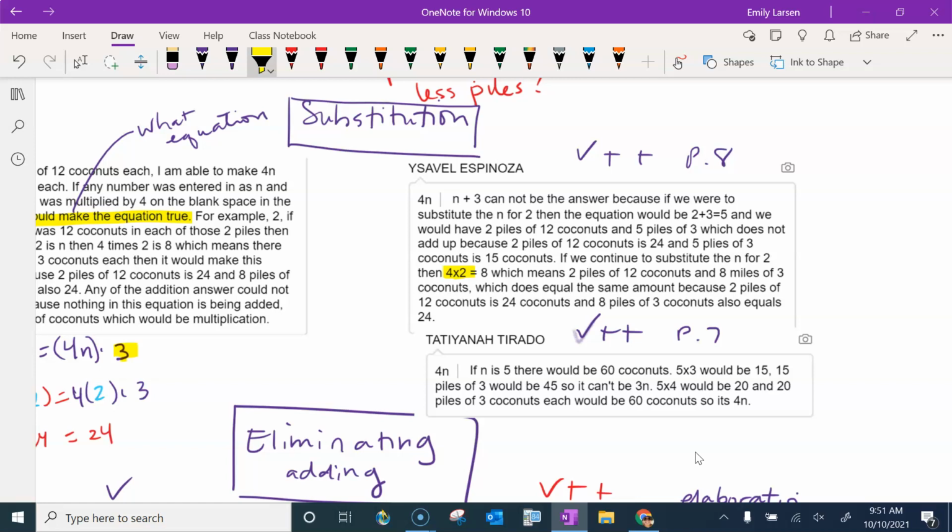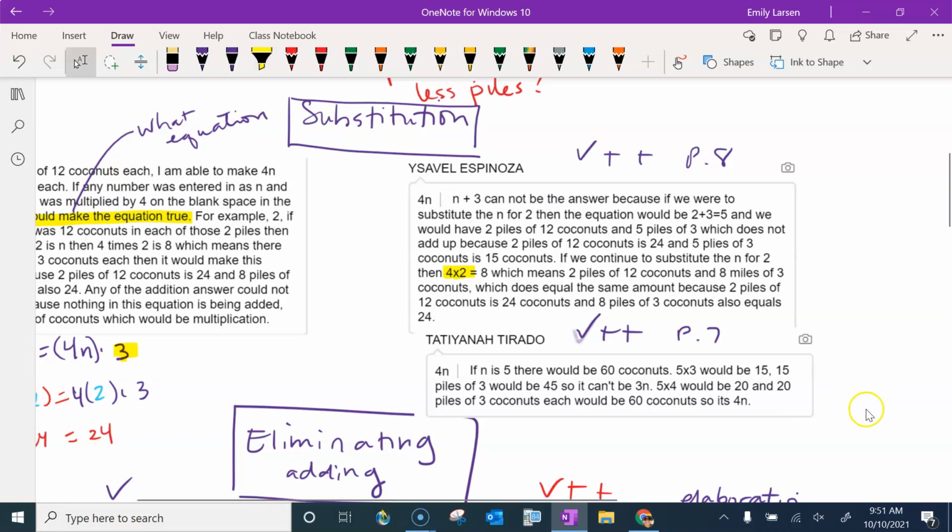To eliminate an answer, all you have to check is one substitution that isn't correct, so that automatically eliminates that. 5 times 4 would be 20, and 20 piles of 3 coconuts each would be 60 coconuts, so it's 4n. Okay, so then they checked that one, and that did work.